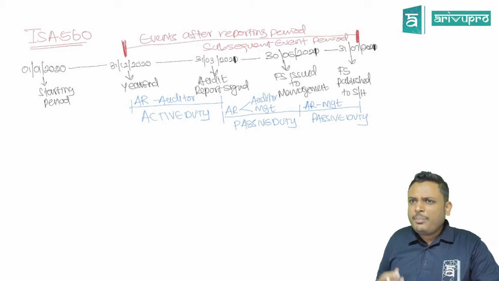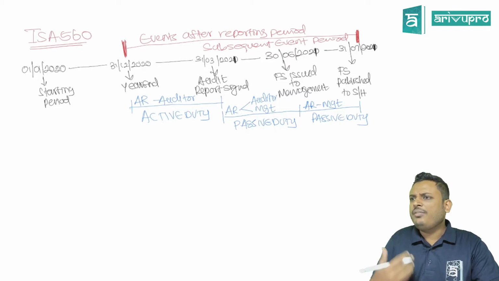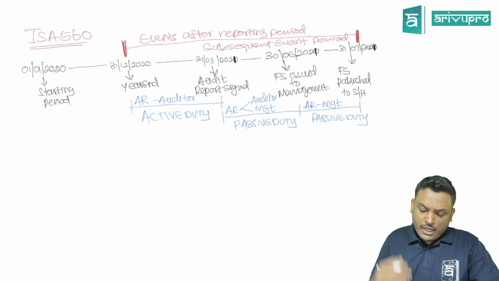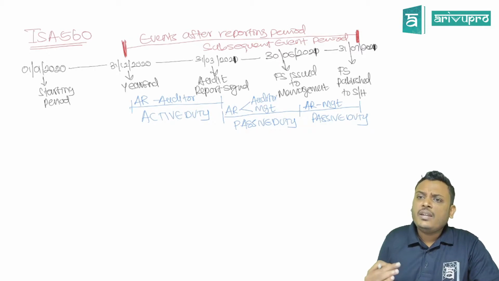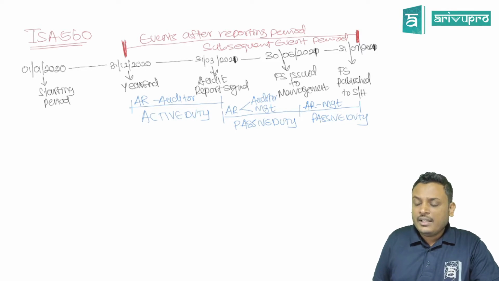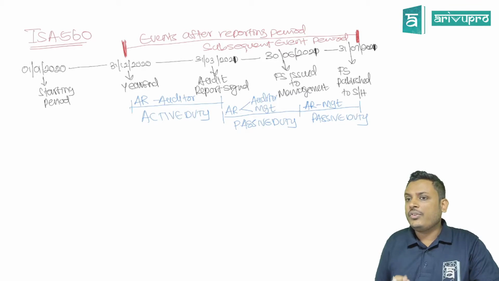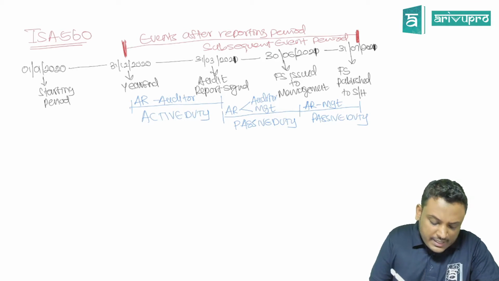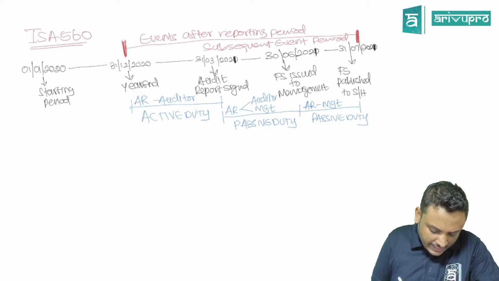So if you take the power of auditor, the level of interference the auditor can make is very high when it comes to active duty. Passive duty comparatively less. The next passive duty very less. Understood?